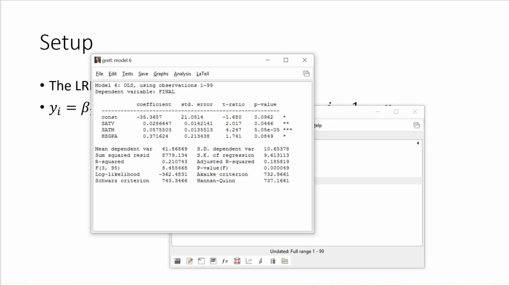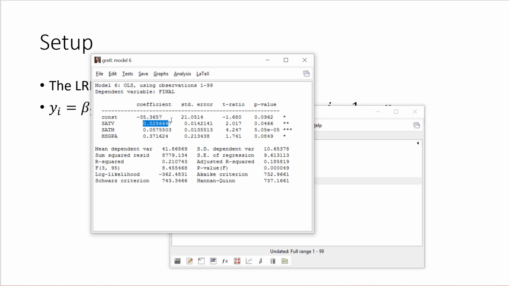They all have the correct sign. It's positive. So a higher score on SATV results in a higher expected final score. A higher score on the SATM has a bigger effect on the expected final result, at least according to the estimates.